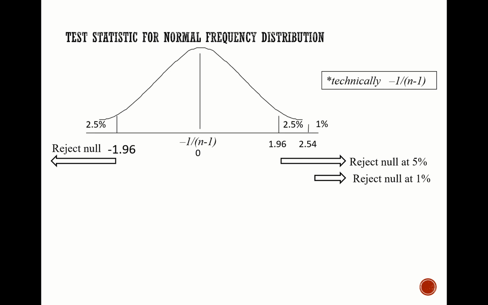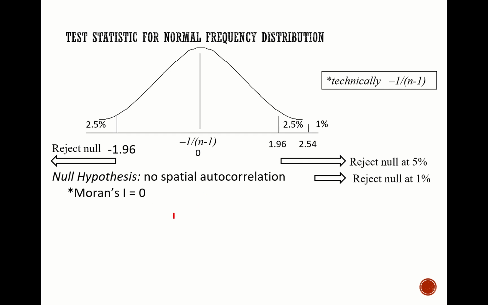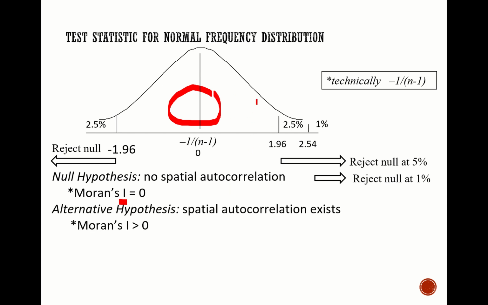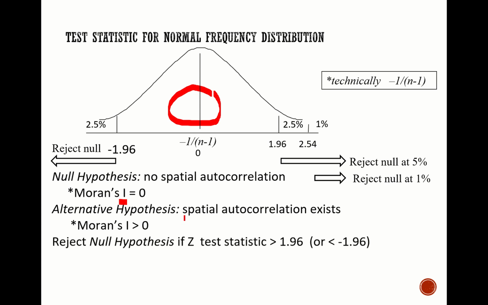So again, we can look at the Moran's I in terms of a normal distribution, where our null hypothesis is that our Moran's I is going to be either 0 or somewhere very close to 0. And as that Moran's I gets more extreme in value away from that 0, we're more likely to reject the null hypothesis that we're dealing with a randomly distributed data set and assume that we're dealing with a non-randomly distributed data set.